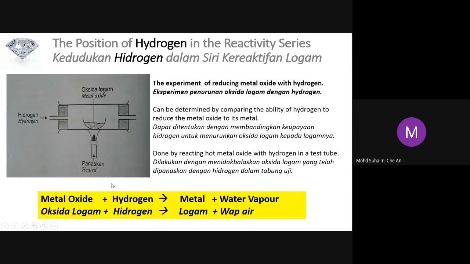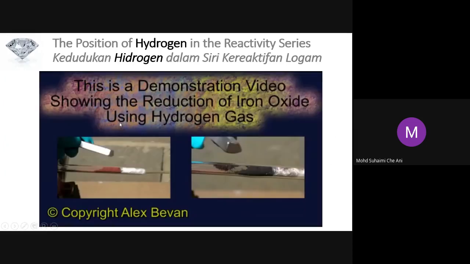So in this experiment, we need to heat the metal oxide and at the same time put the hydrogen gas inside the tube that will flow towards the test tube that contains the metal oxide. Okay, so this is the experiment done to show the reaction between hydrogen and metal oxide.